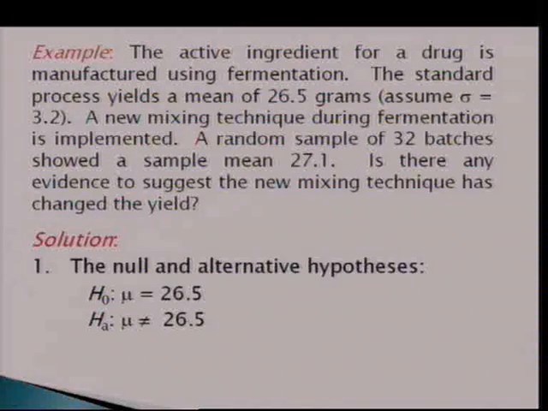A random sample of 32 batches showed a sample mean of 27.1. Is there any evidence to suggest the new mixing technique has changed the yield? As usual, we define the null and alternative hypotheses. The null hypothesis is mean equal to 26.5, and the alternative is mean not equal to 26.5.